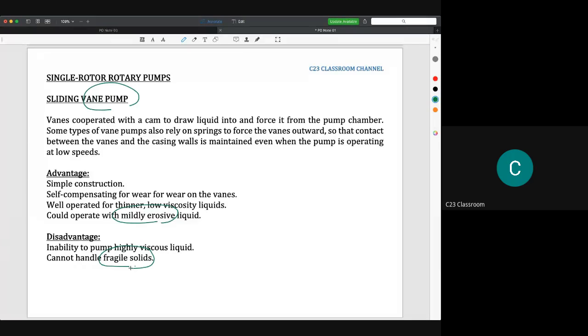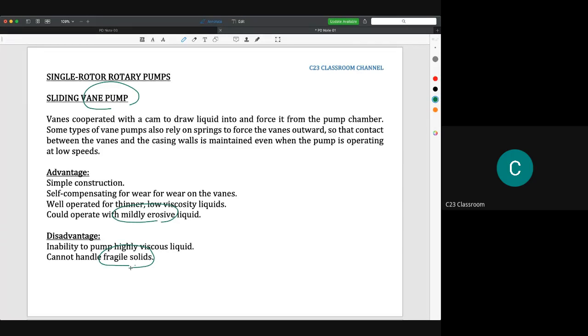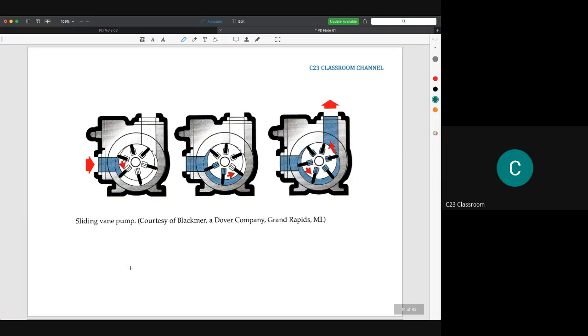So the idea of the sliding vane pump is like this. You could see that we have a rotor here, a rotating device, and this rotating device is not fixed concentric at the center of the casing. It is fixed in a slightly shifted position, so it will create a volume at this area.